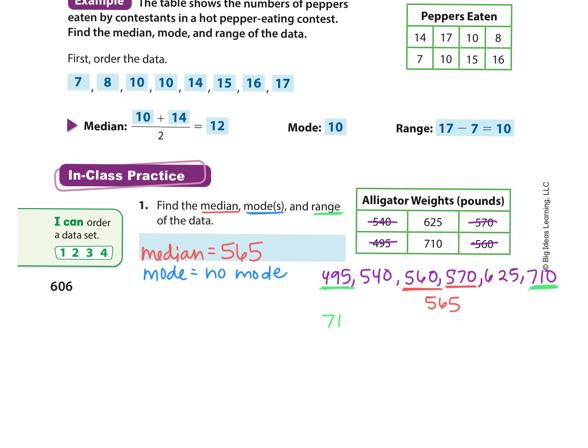And I'm going to do 710 minus 495. 215. Yep, that's what I got. So 215 is your range of that set of data.